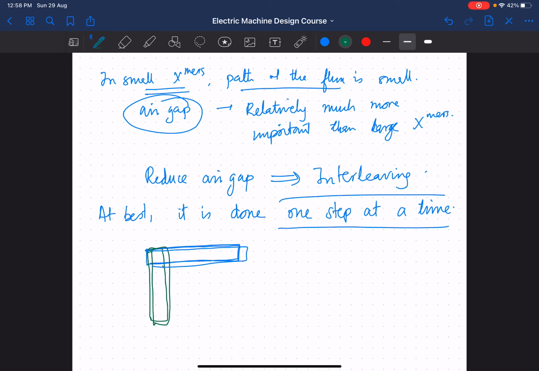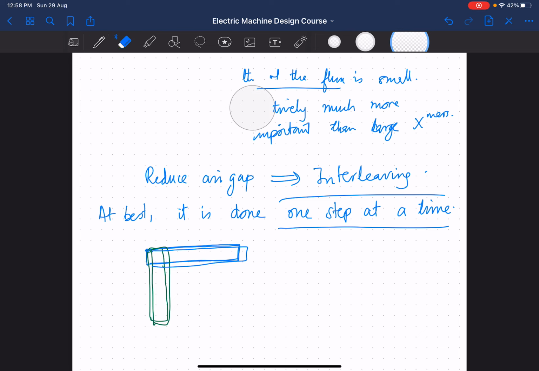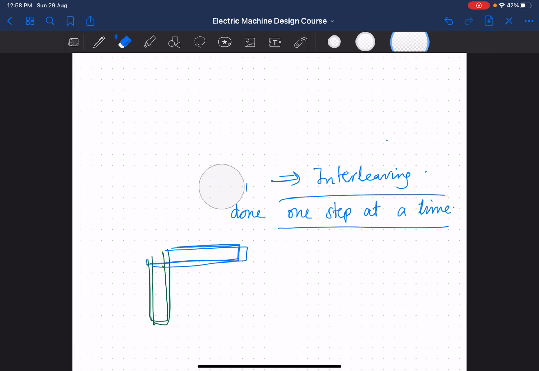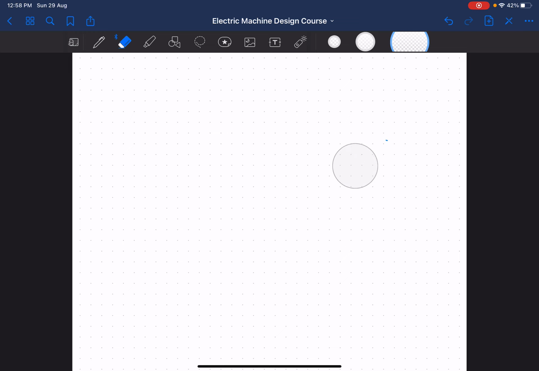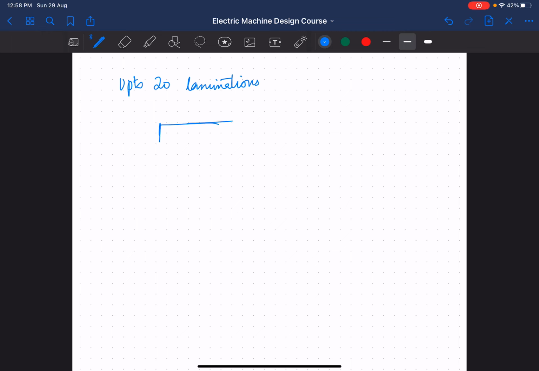But if you have a large transformer, going one by one is going to be a time consuming process. So what you do, you take some number of, let's say, up to 20 laminations. You get them together, you lay them out like this, one up to 20, and then you get another 20, you stack them on this, and then you put the other 20, right?